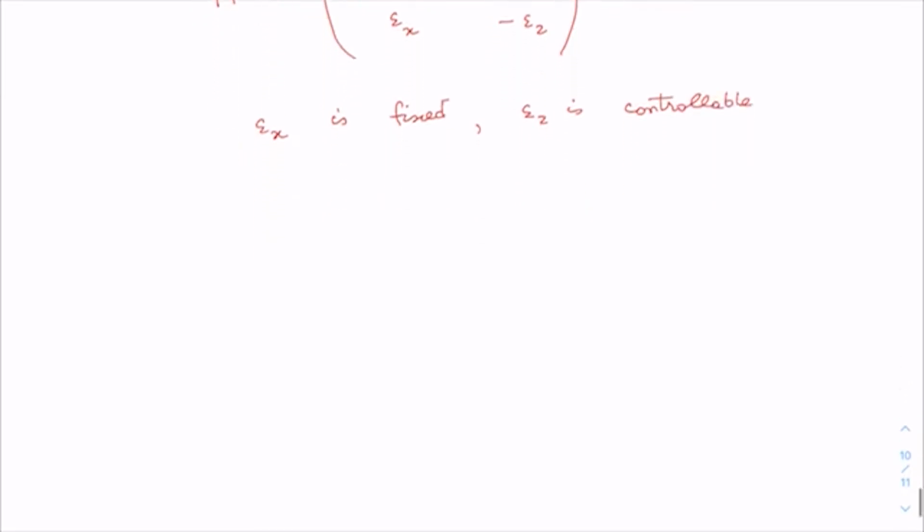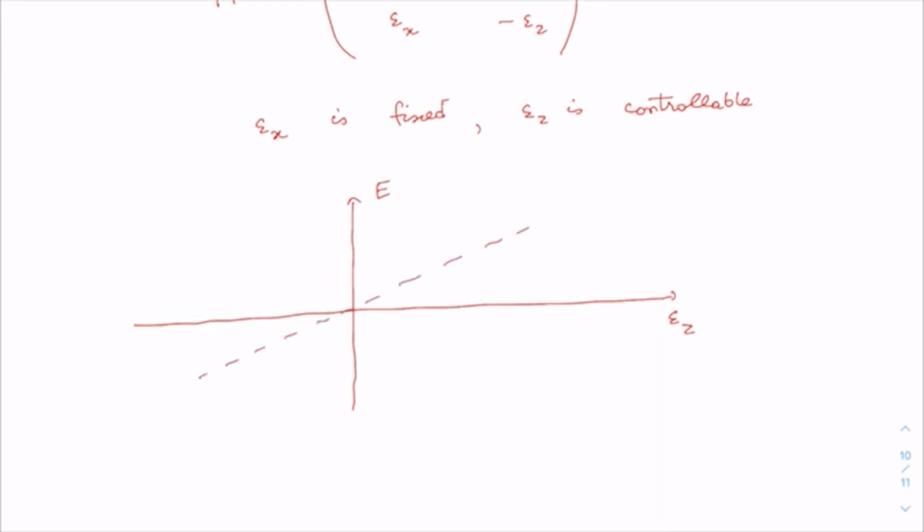Then we obtain the E versus epsilon z plot like this, as we discussed a short while ago. So we had these plots here. When epsilon x is non-zero, they don't cross. We get this avoided crossing.